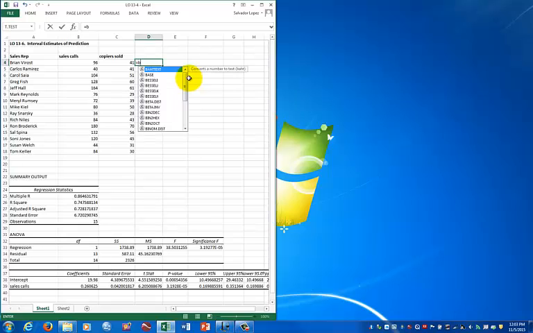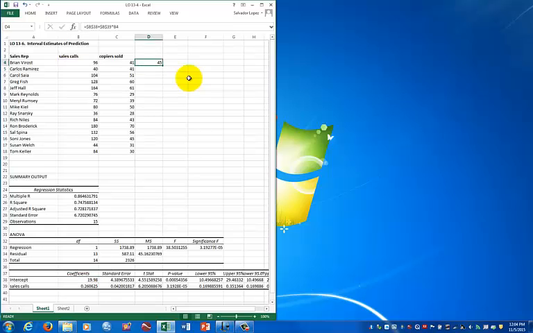Now I can put here on top the equation equals B38, that is the coefficient, and I'm going to fix that, plus B39, and B38 is the intercept, and B39 is the coefficient of x, or the coefficient of sales calls, which I'm going to fix too, times the values of x, which is something we have done before.